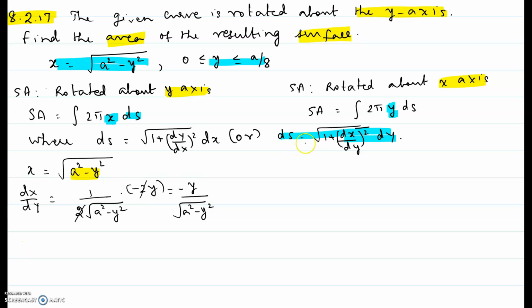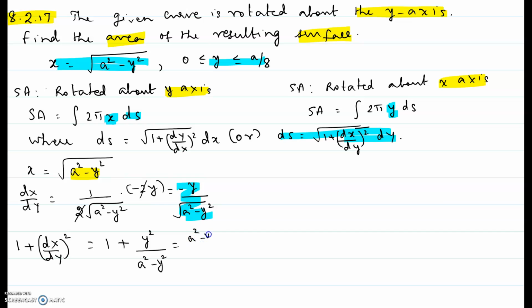So in the expression for ds, we have 1 plus (dx/dy) squared. So 1 plus (dx/dy) squared equals 1 plus the square of this expression, which is y squared over a squared minus y squared.